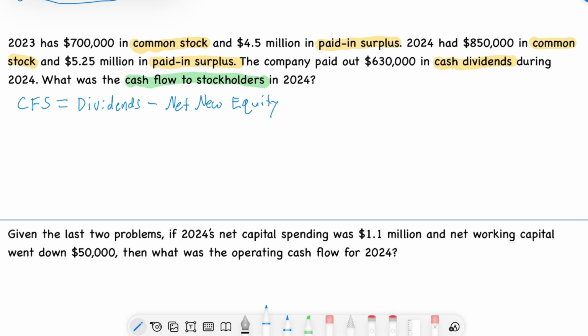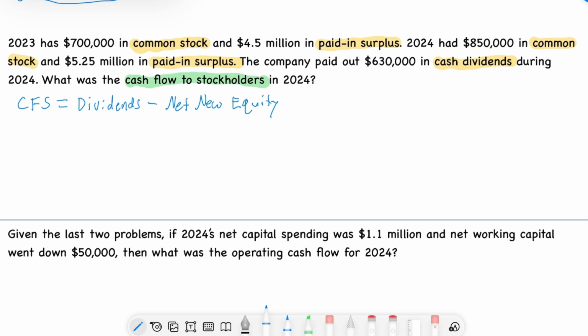Now this looks pretty similar to the cash flow to creditors, but instead of dividends we had interest, and instead of net new equity we had net new borrowing. So these are two equations that represent how companies or businesses can raise money.